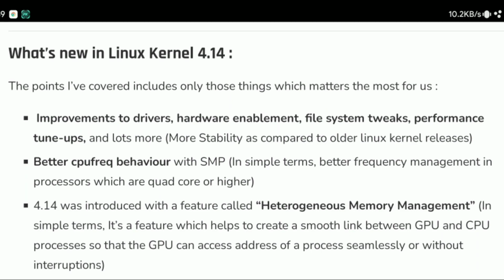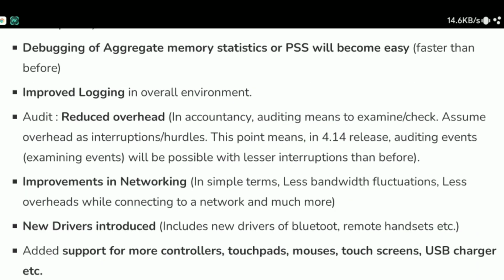With 4.14 kernel, there is a new feature called heterogeneous memory management, which means there is a better link between CPU and GPU processes, so that the GPU can access the address of a process without any interruption. Then there is debugging of aggregate memory statistics. Improved logging, which can be useful for developers.